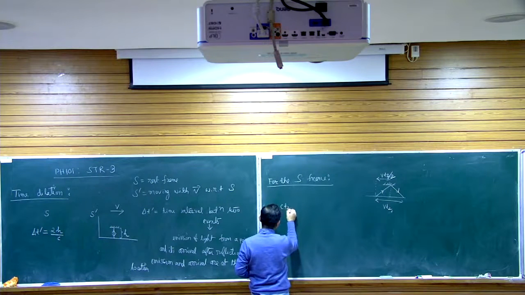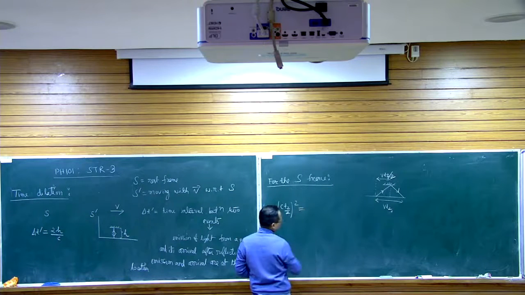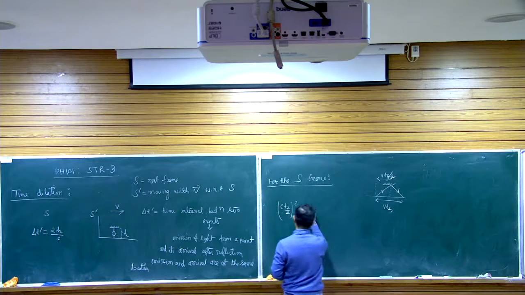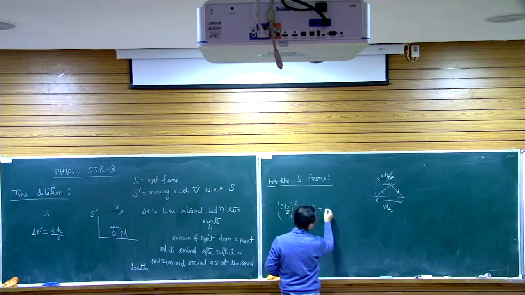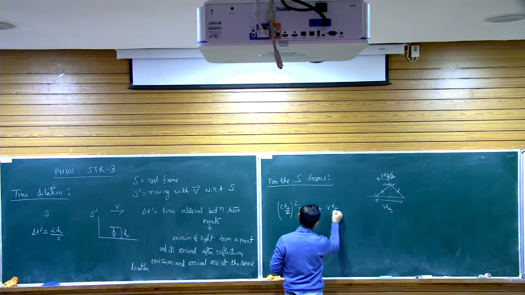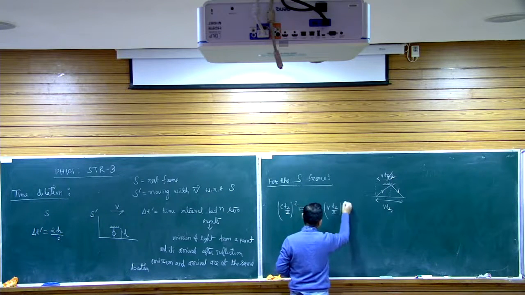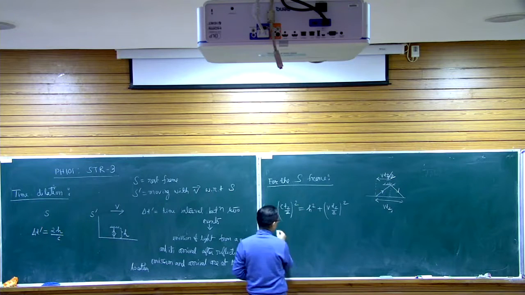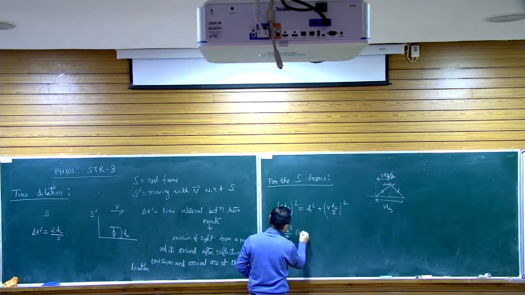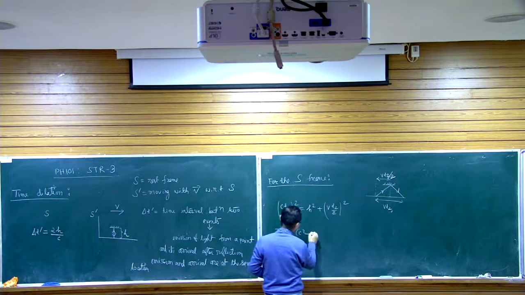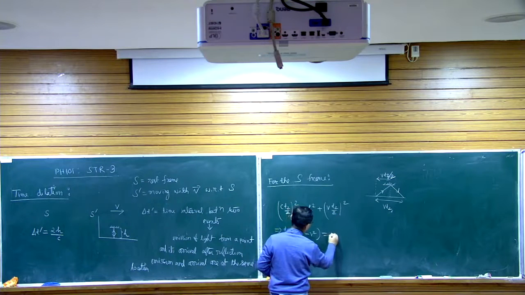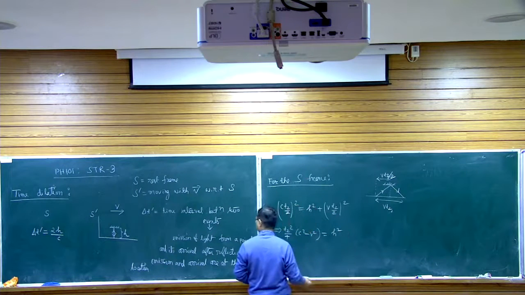So c into T2 by 2 whole square must be equal to h square plus vT2 by 2 whole square, which gives me T2 square by 4 into (c square minus v square) equal to h square.